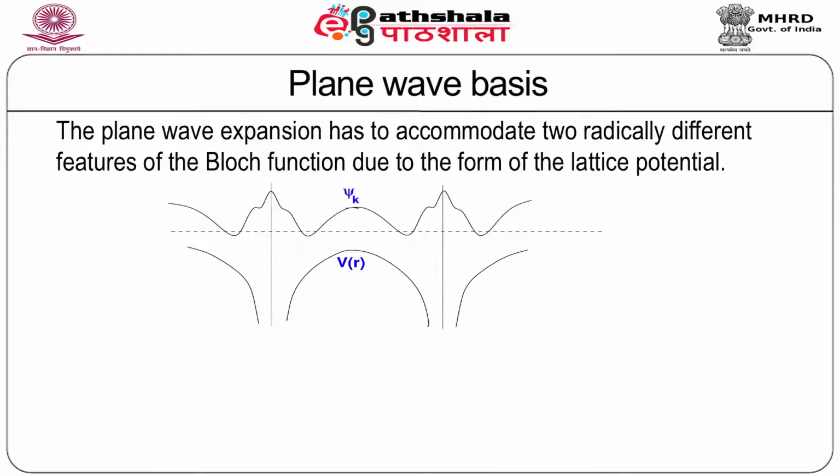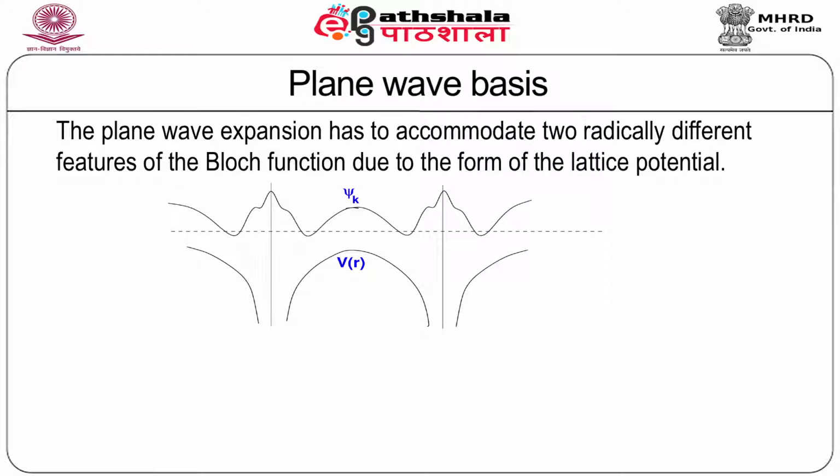In the region between the ion cores, the potential is nearly flat and reflects the translational periodicity of the lattice. Accordingly, the wave function psi is slowly varying, in the manner of plane waves joining smoothly from one cell to another by virtue of Bloch's theorem.